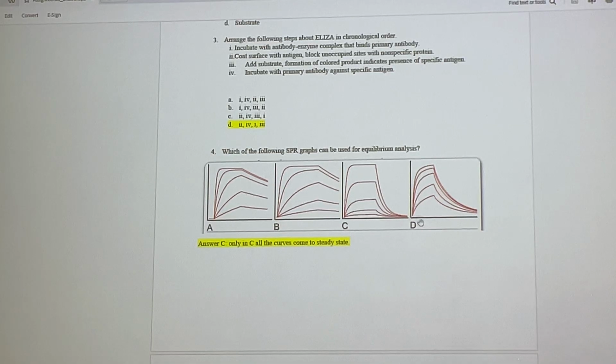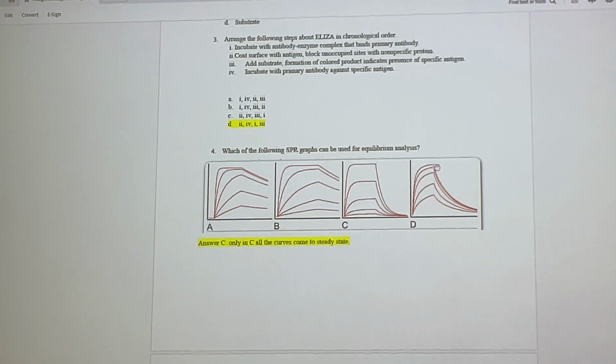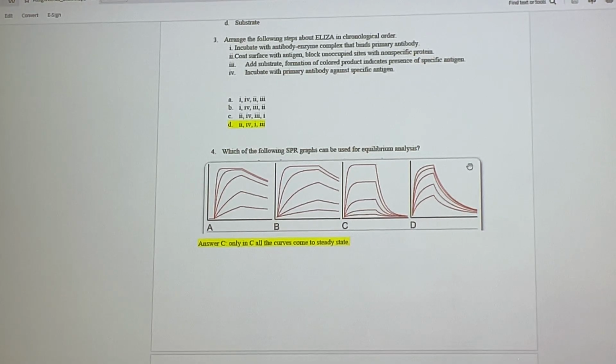So for this example, some of the compounds haven't reached equilibrium for binding. So that's why we eliminate D as well. Okay, so only C, for every one of them, has a complete binding and unbinding curve. Okay, any questions here? Okay, cool.